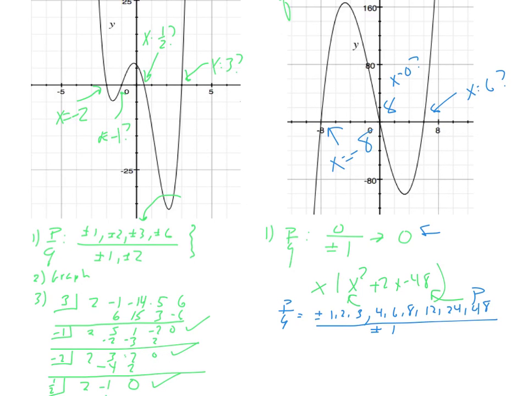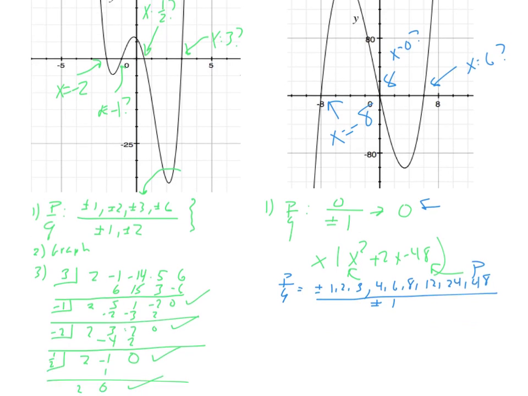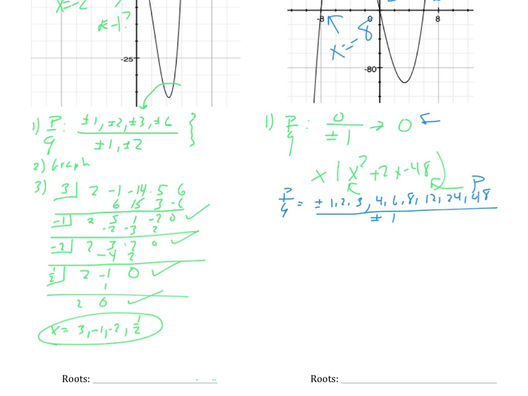So let's start testing these by using synthetic substitution. Skip the graphing, it's already been done. And if we take 0, now we do need to use the original equation to be thorough. So we're testing 0.